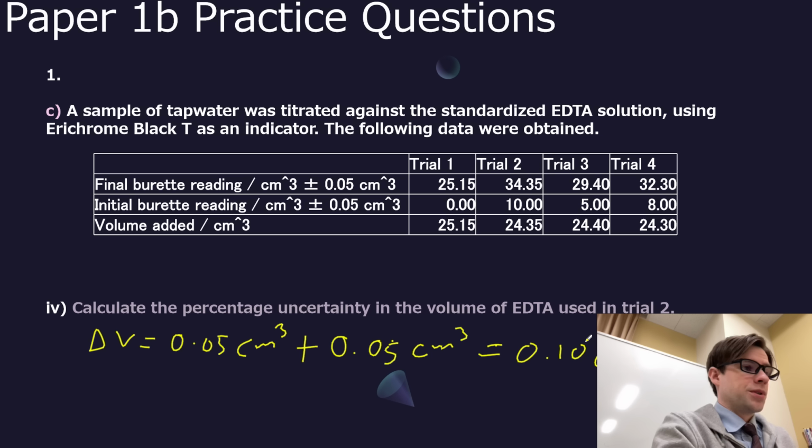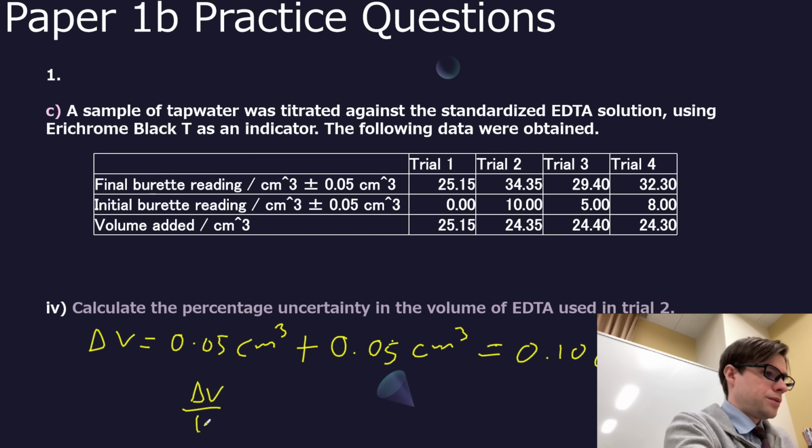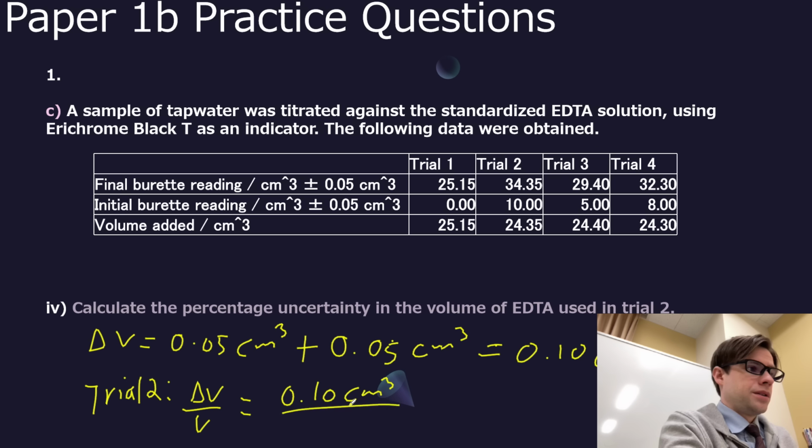This is not the answer though. We are supposed to find the percentage uncertainty. So for trial 2, the actual volume added was 24.35. So delta V over V for trial 2 is equal to 0.10 centimeter cubed divided by the volume added for trial 2, total volume added, 24.35.